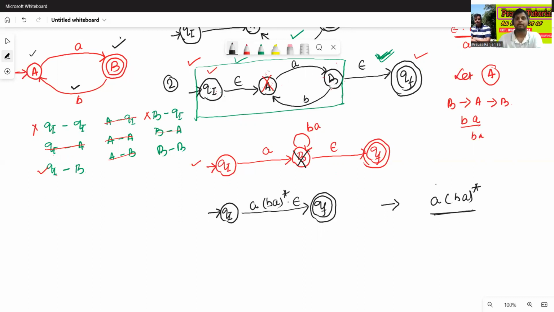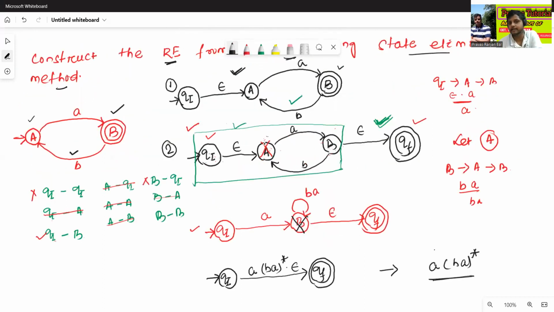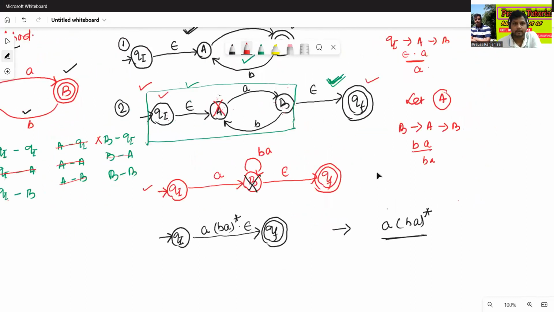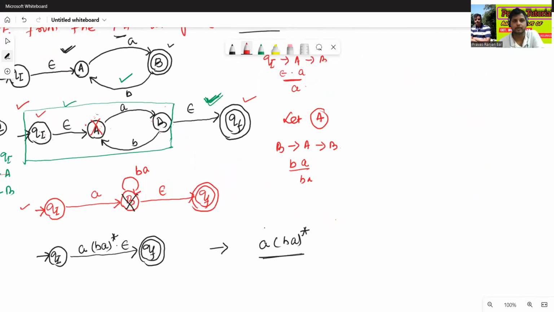One point. Initially we eliminated state A first. Now we'll eliminate B first instead. What happens? Just see. First we have to draw this finite automata again.